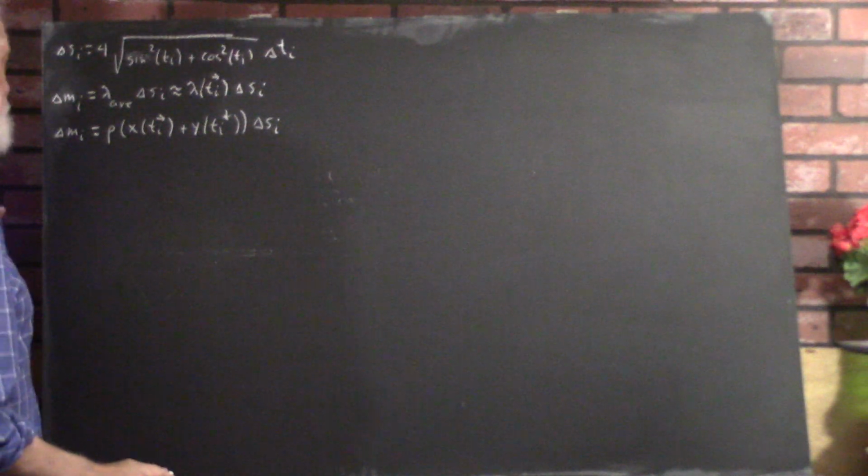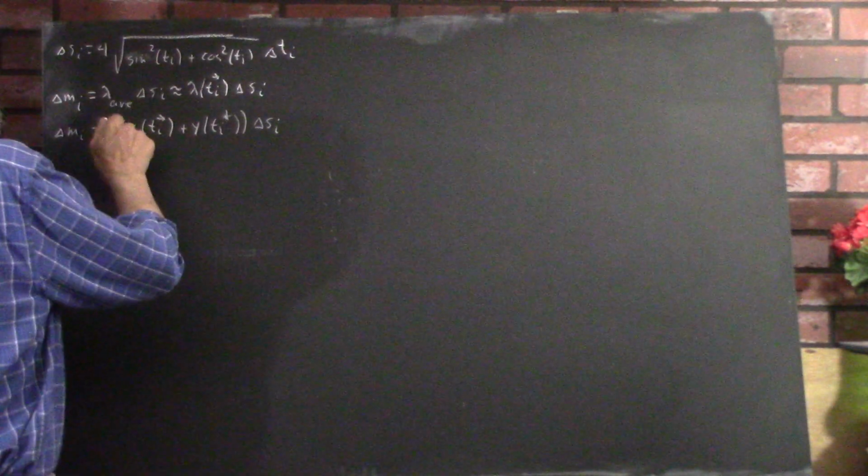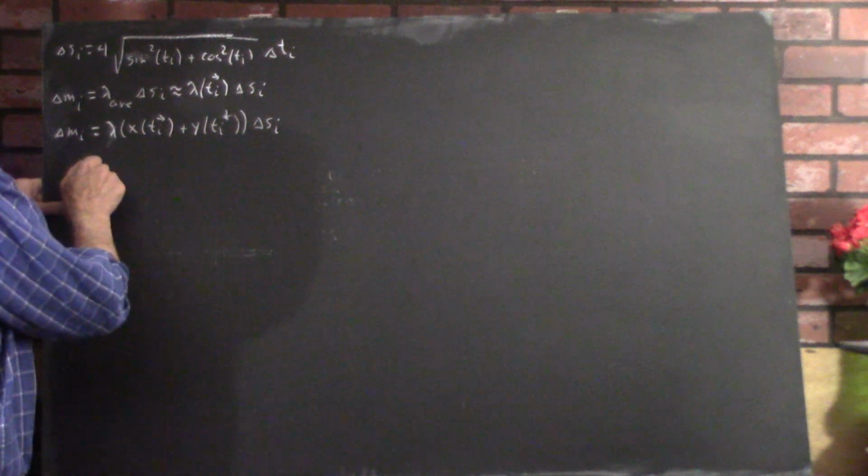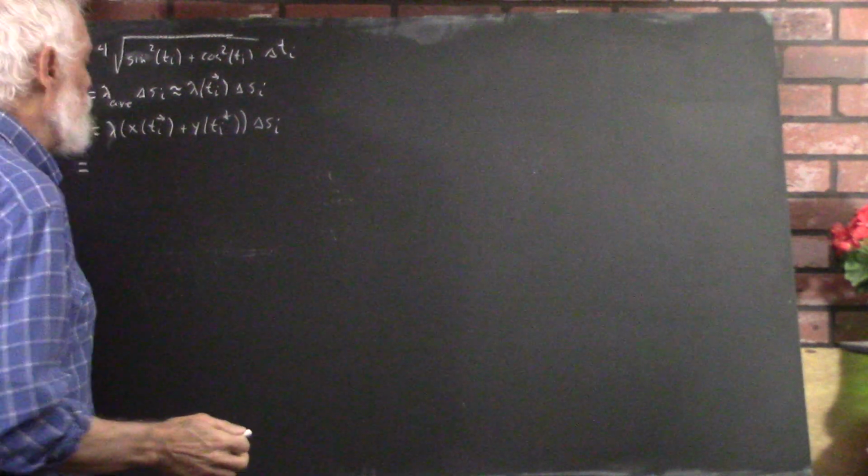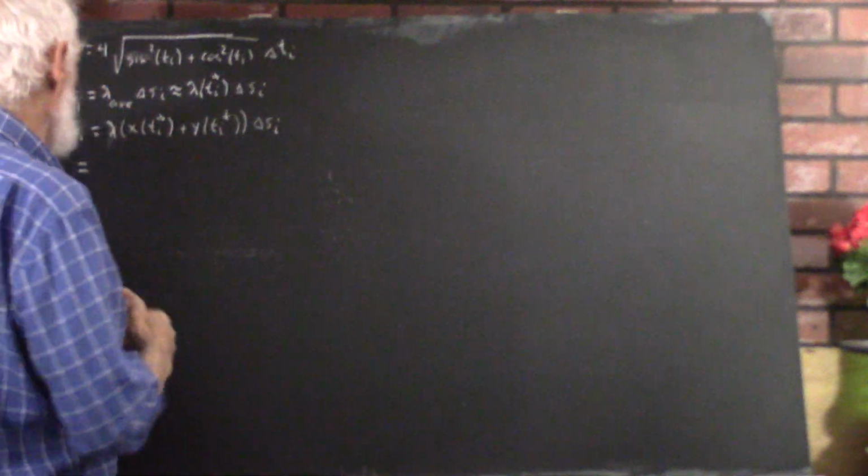We have this, and it's not rho, it's lambda. And lambda is 2x plus 3y, if you recall.